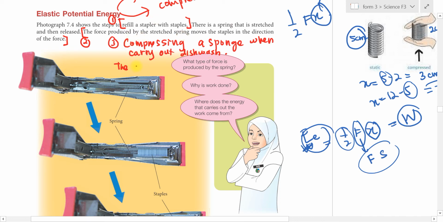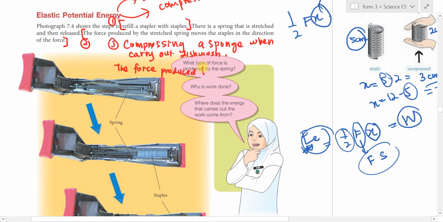The force produced by compressed sponge helps to retain its original shape.